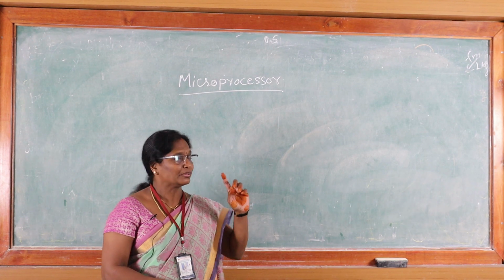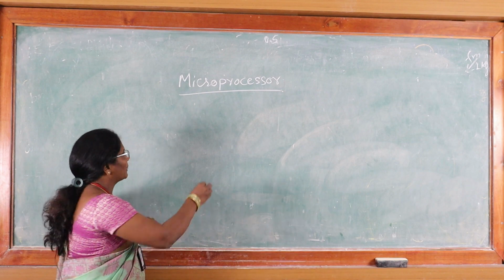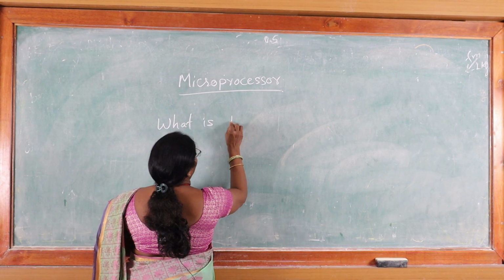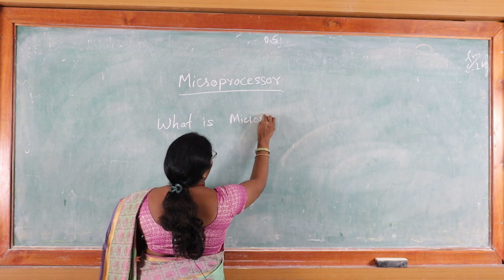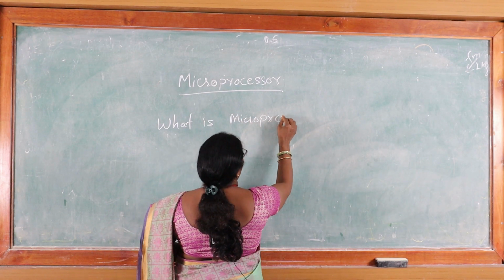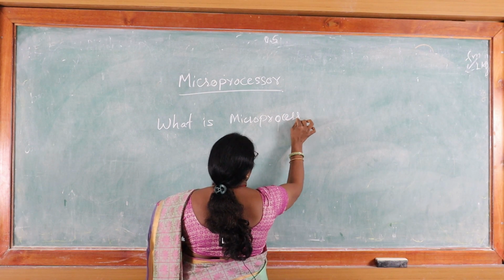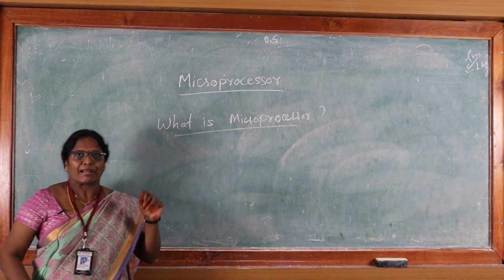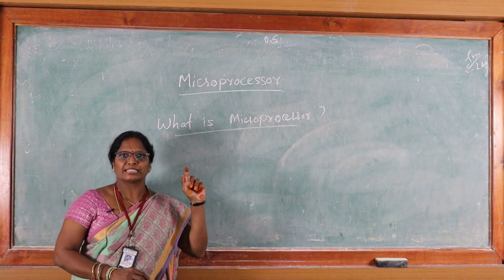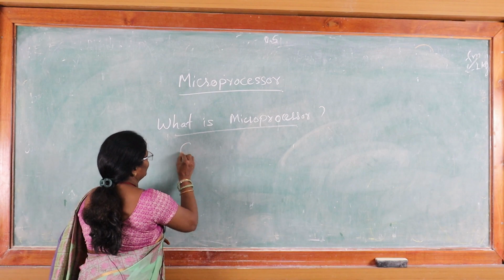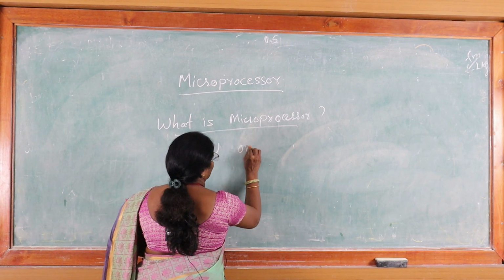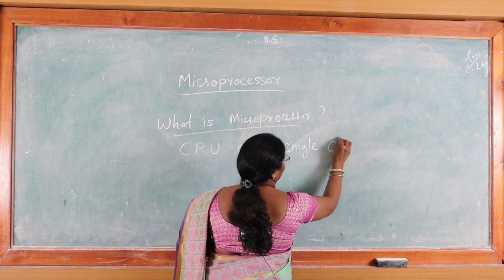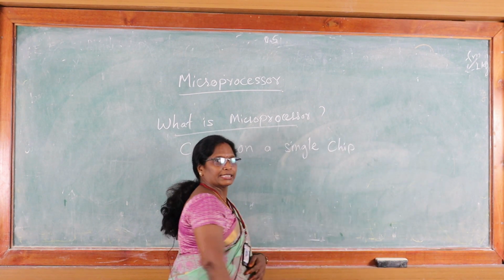Today I am going to discuss about microprocessor. What is microprocessor? So microprocessor is a CPU on a single chip.